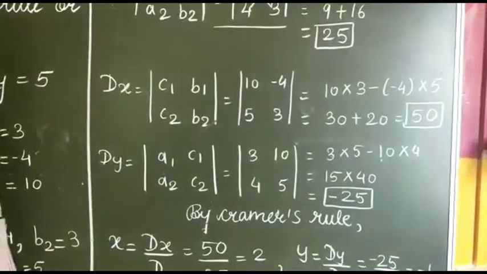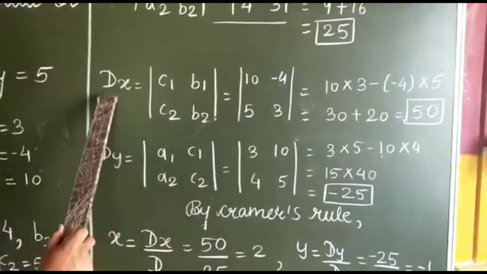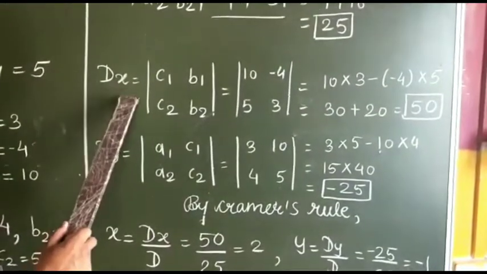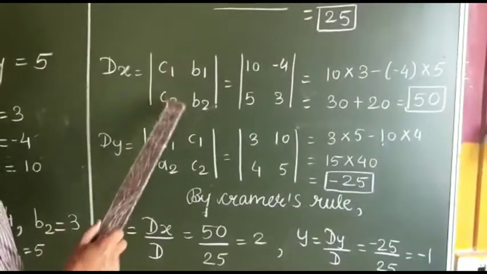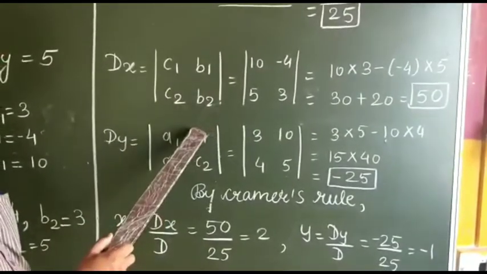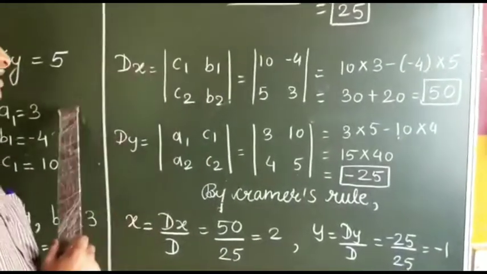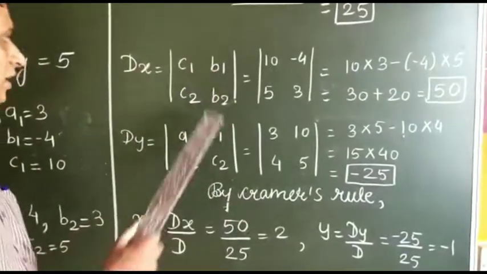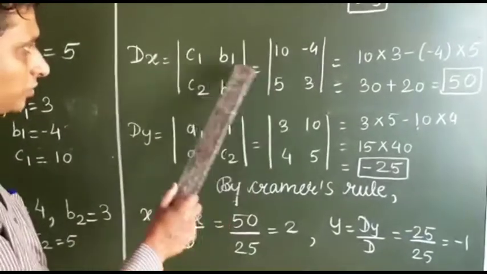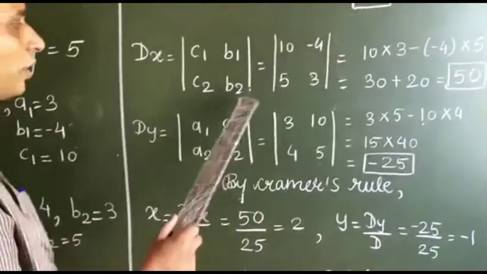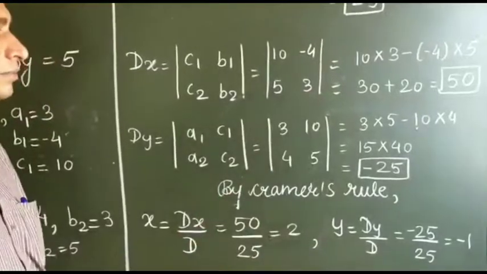Similarly, we have to find Dx, determinant x. Here, students, what is the formula for that? c1, c2, b1, b2. Put the values in the formula. c1 value is 10, c2 value is 5, b1 value is minus 4, b2 value is 3.